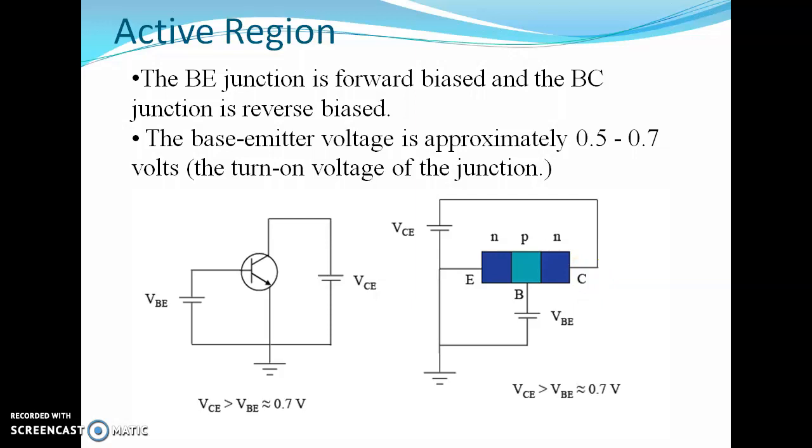The transistor will start working only for forward bias, and this is called the turn on voltage for the junction. Here the voltage of collector to emitter is high as compared with the voltage at base and emitter.